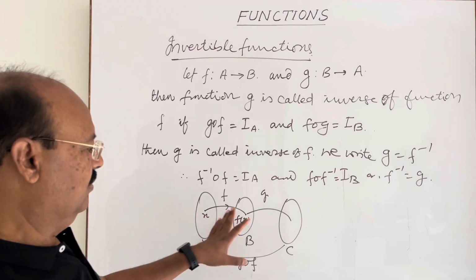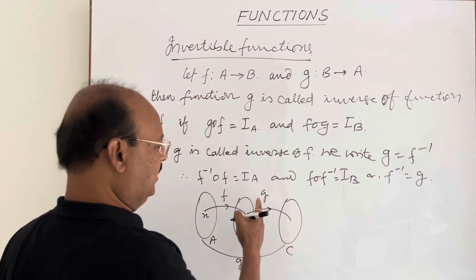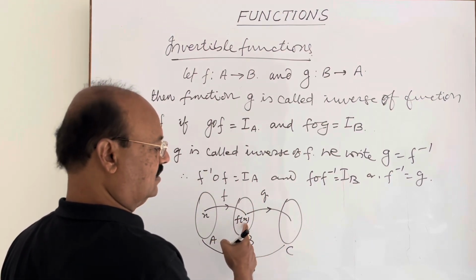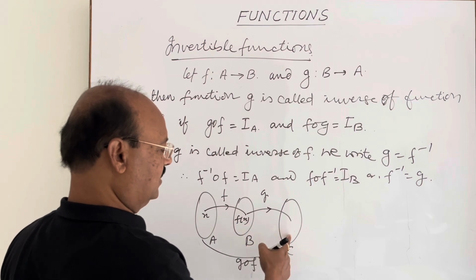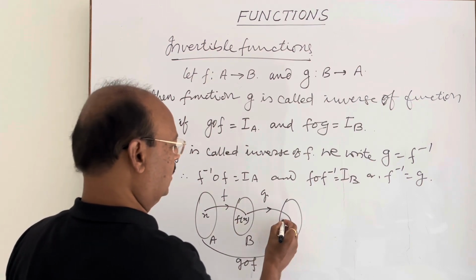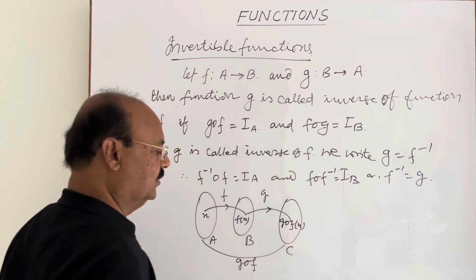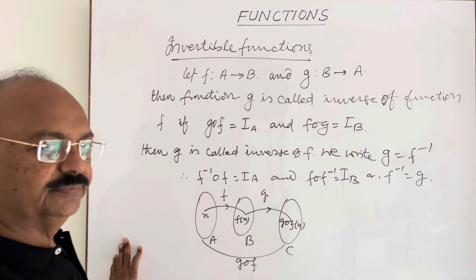First f will be applied, then g will be applied. So here the image of f(x) in set C under this function g will be g operation f of x. Correct?